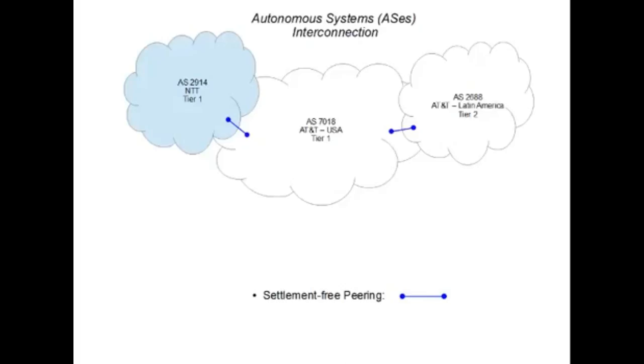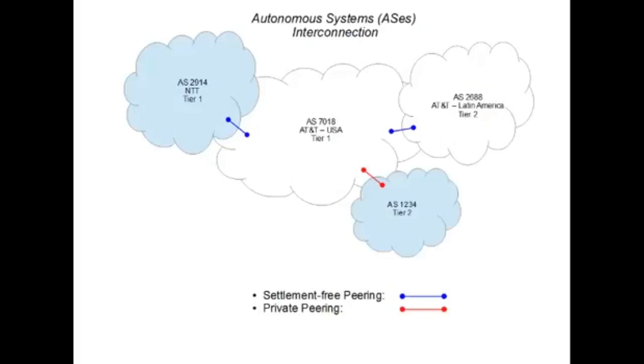In Latin America, AT&T is a Tier 2 provider, and so they interconnect the Tier 1 in the US with that Latin American network. That's really a bridge more than it is a peering as it is in Tier 1. So we'd see a variety of traffic going across that Tier 1, Tier 2 network that AT&T would provide its customers.